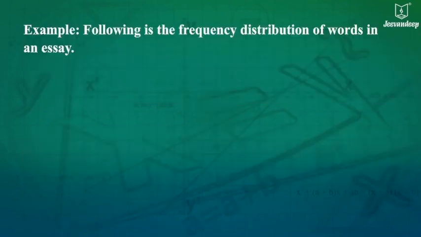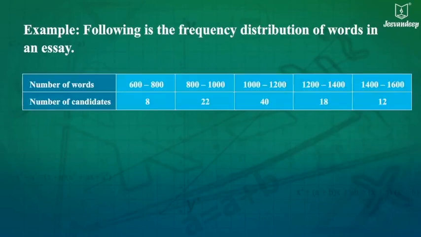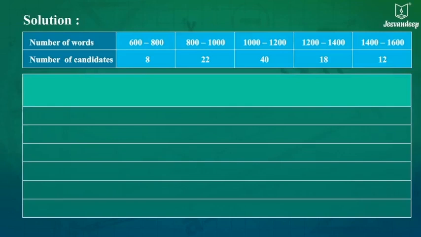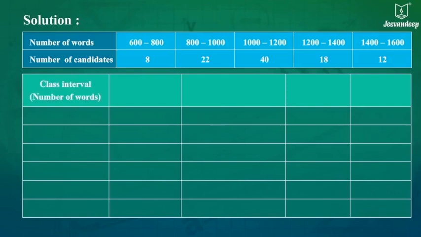Example: following is the frequency distribution of words in an essay. Number of words, number of candidates. Find the mean number of words written. A table is prepared with the following steps. Table is drawn containing 5 columns. In column 1, class intervals are written.